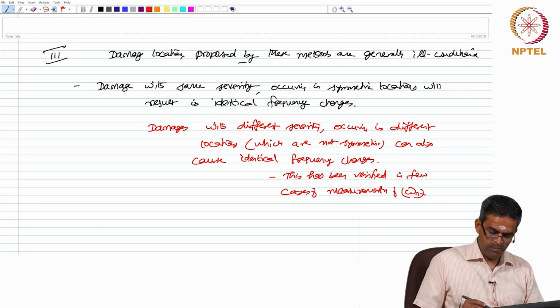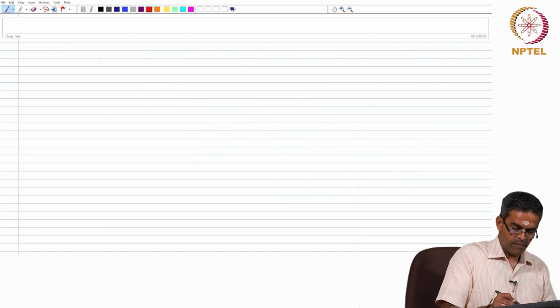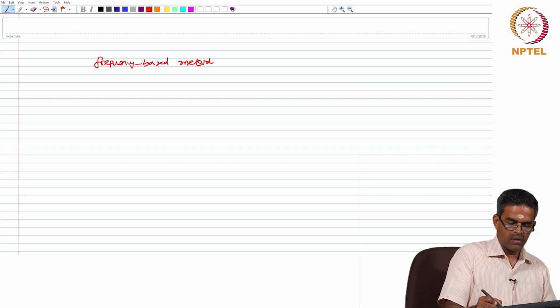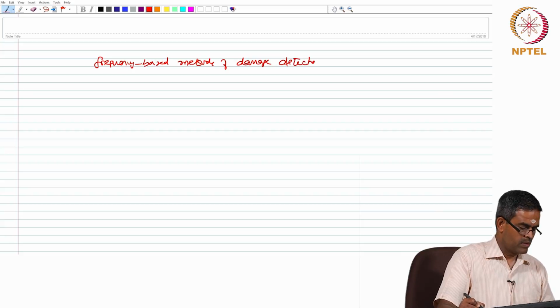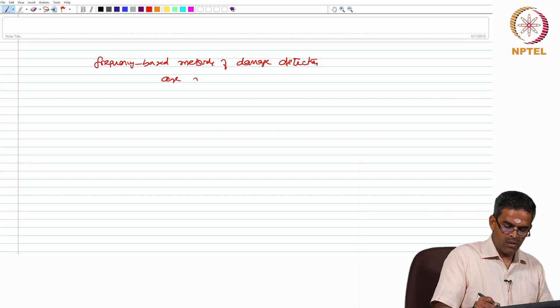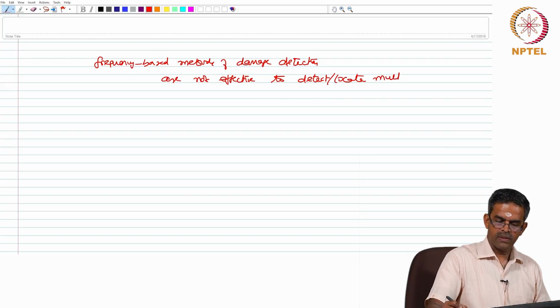If this is true, then we put a condition here saying that frequency based methods of damage detection are not effective to detect or locate multiple cracks.